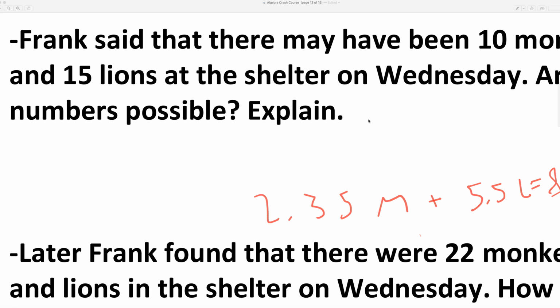So you would plug in 10 for the monkeys, and you would plug in 15 for the lions, and you would solve to see if it equals 89 point whatever. You would see that it actually does not. So that wouldn't work.